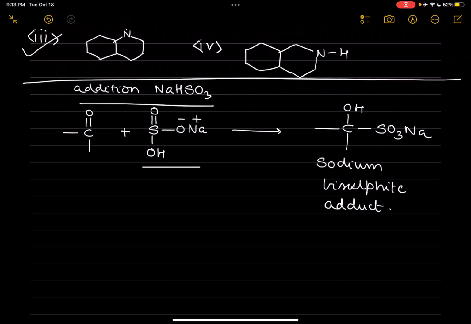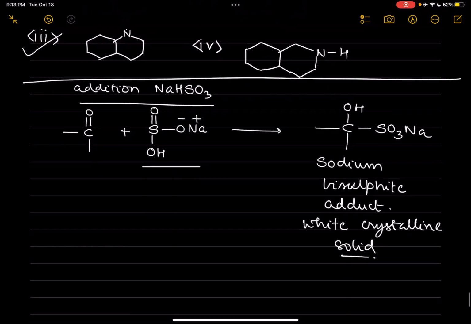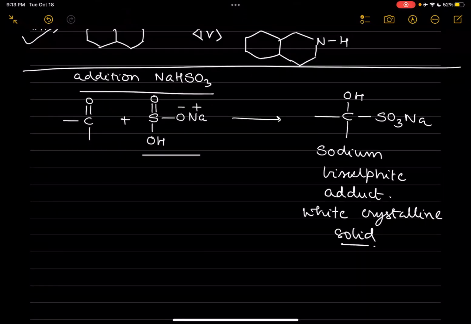So it is a white crystalline solid. And there is a carbon-sulfur bond formation. Okay, clear? Yes, sir. Aldehydes give this test, and the small ketones can react easily.